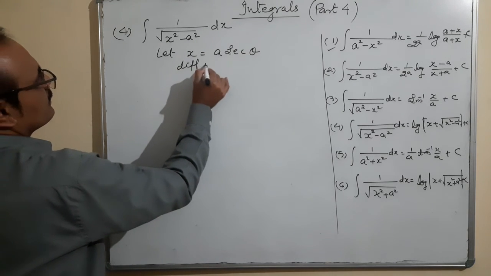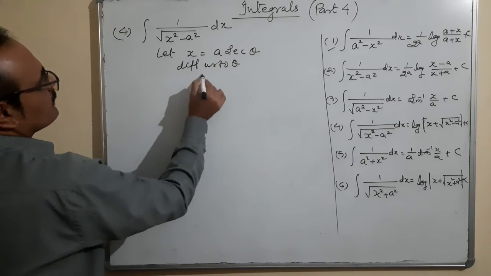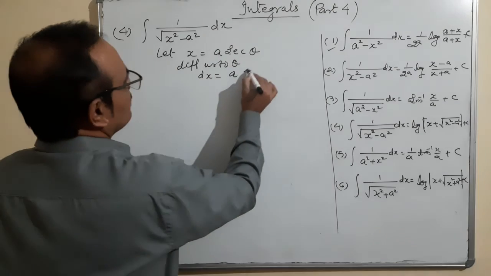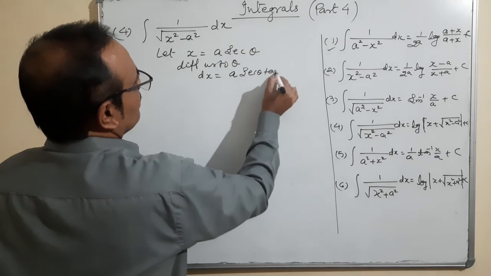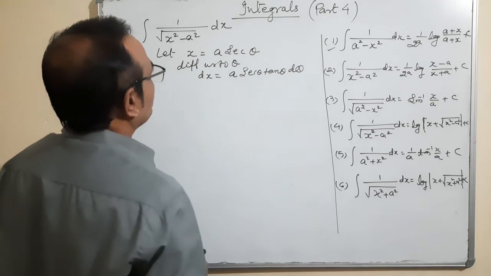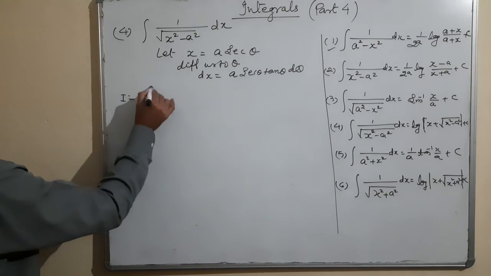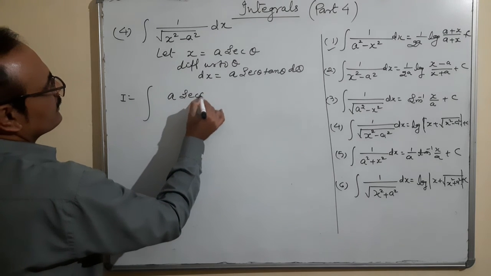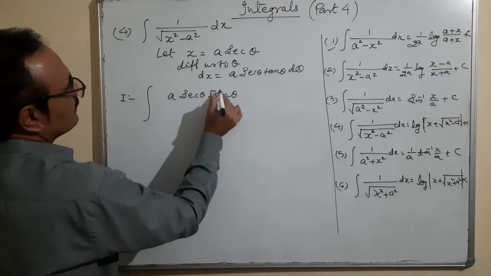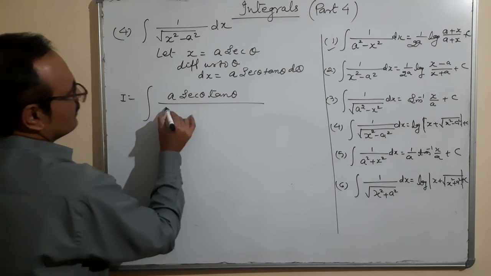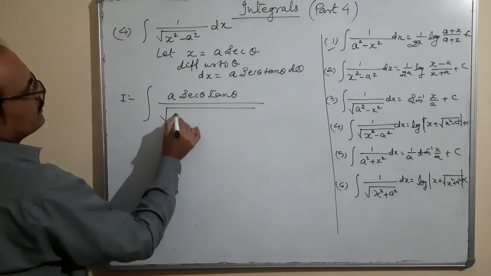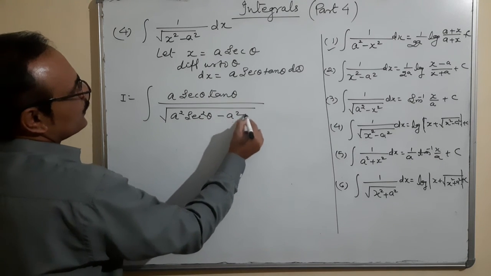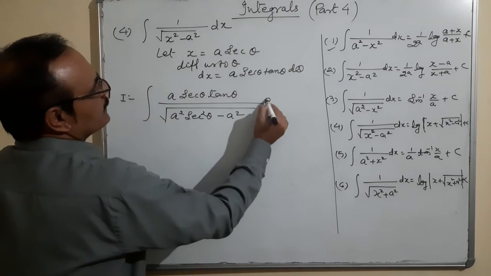Differentiate with respect to theta. So dx is equal to a sec theta tan theta d theta. I'll substitute the value in place of dx: a sec theta tan theta upon under root x square minus a square, that is a square sec square theta minus a square, d theta.